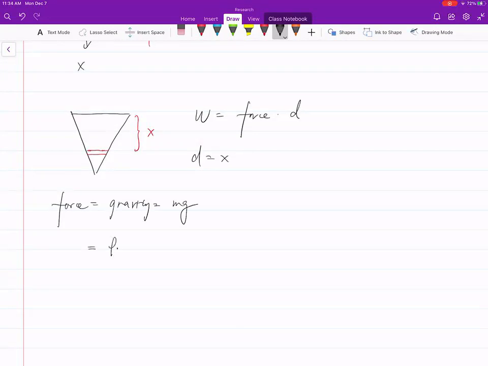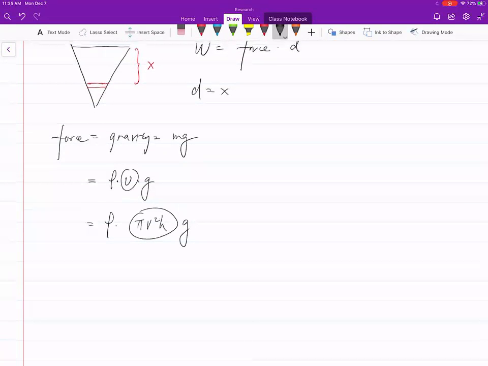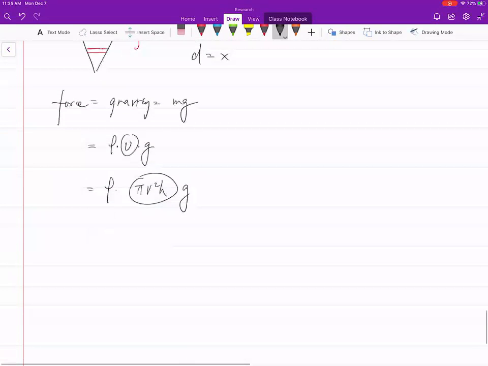M is the density of water times the volume of the water. What's the shape? It's a disk, right? So the volume is pi r squared h. Sounds good? Now you just need to figure out r and h.